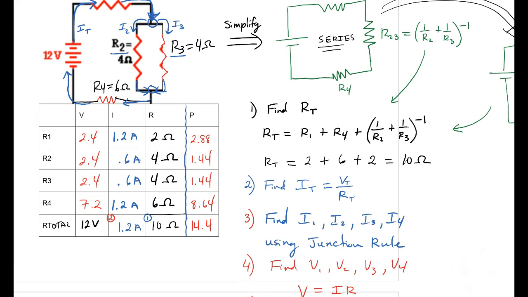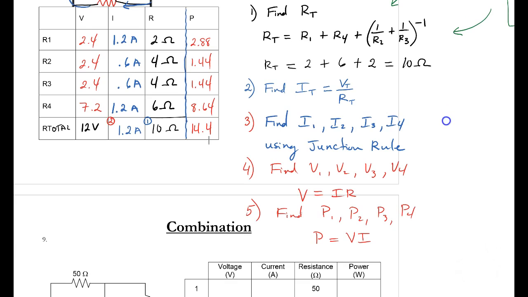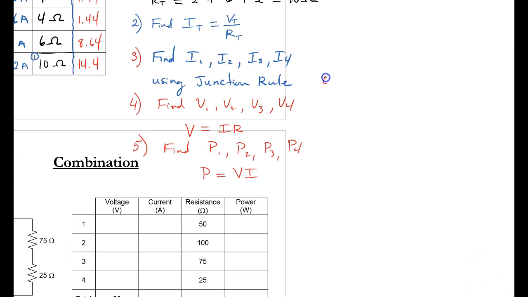Okay, I do suggest as the last step, verify all your numbers in the circuit using the junction rule and the loop rule. Alright, that is all. Hope you become experts at solving combination circuits soon.